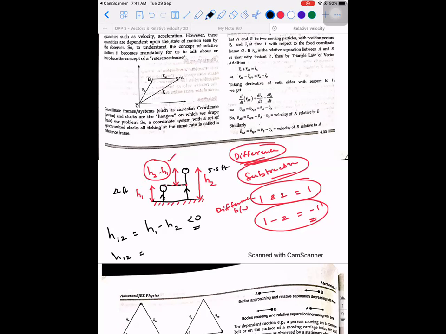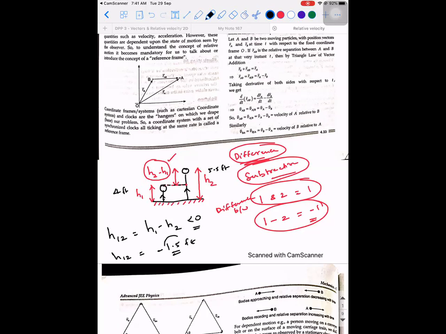It is minus 1.5 feet tall. So how exactly are you going to interpret this number with the negative sign? What exactly is minus trying to tell us? The first person is 1.5 feet less than the second person. Yes. First person is 1.5 feet shorter compared to the second person.